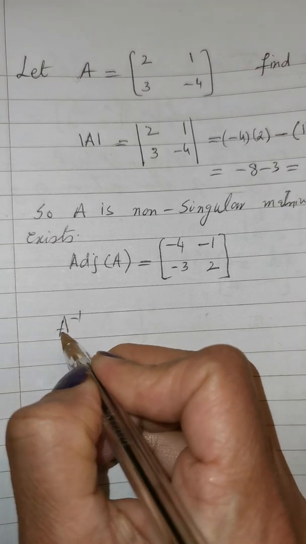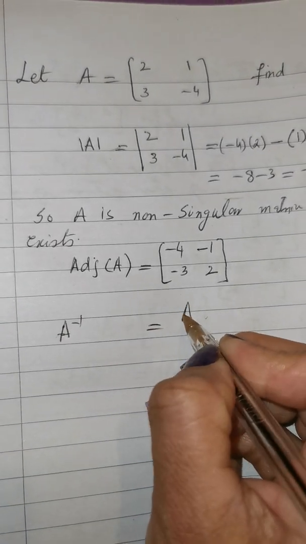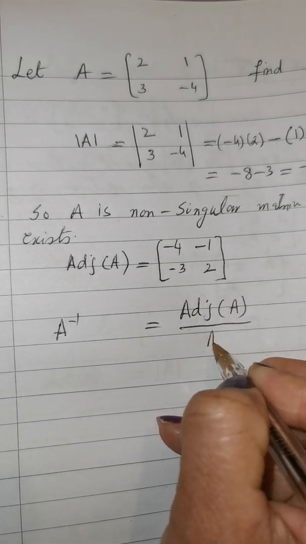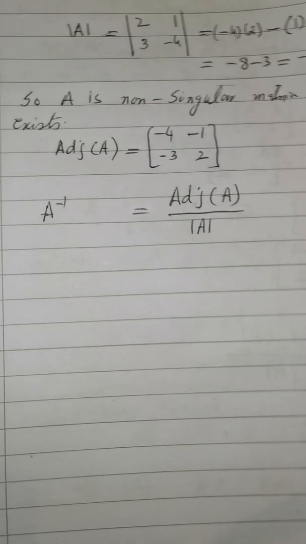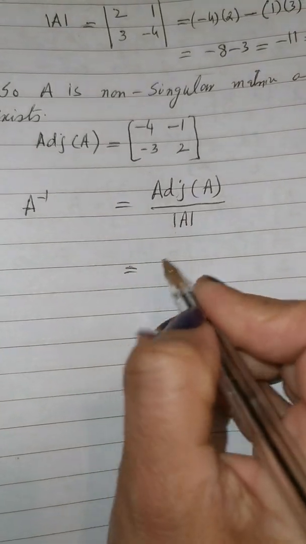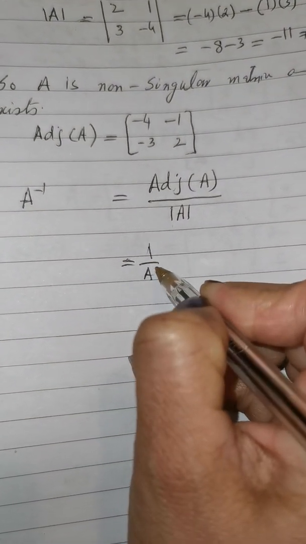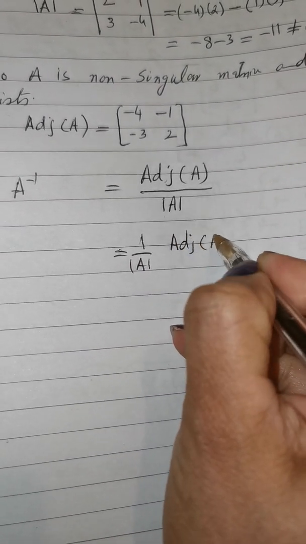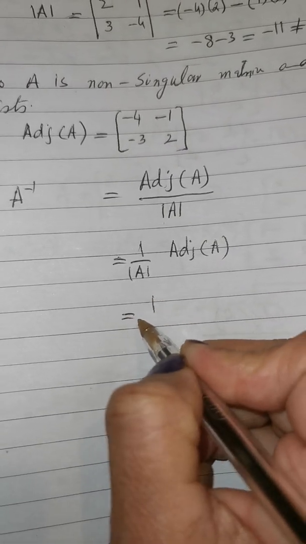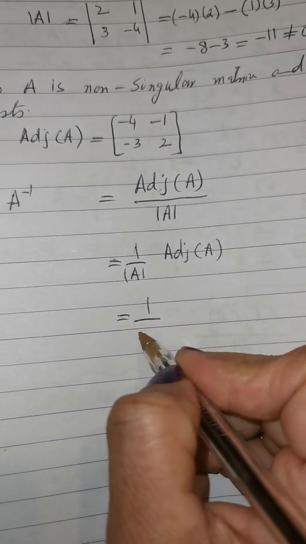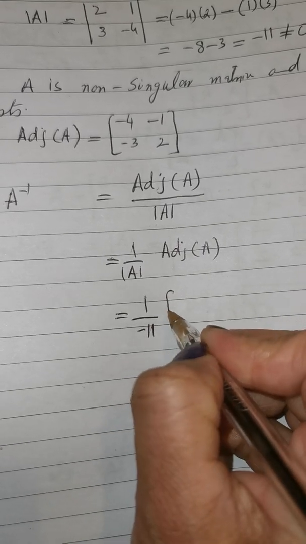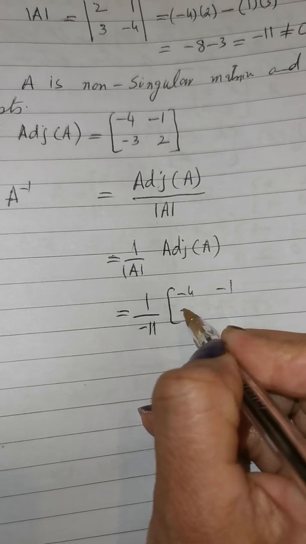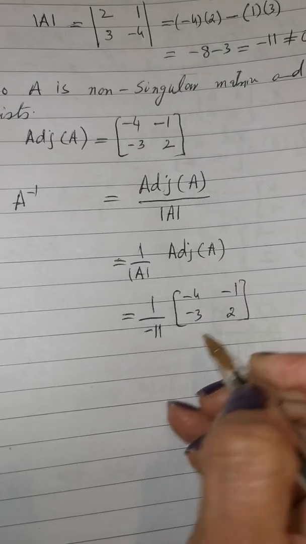Now for A inverse, the formula of A inverse is the adjoint of A, whole divided by the modulus of A. Keep it in mind. Now A inverse will be 1 over the modulus, times the adjoint of A. I will put the value of the determinant, and then I will write the adjoint of A, which is -4, -1, -3 and 2.